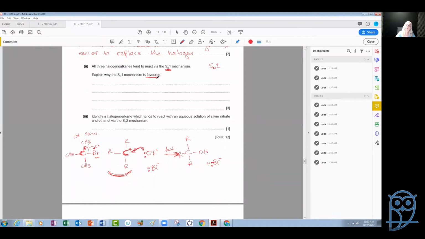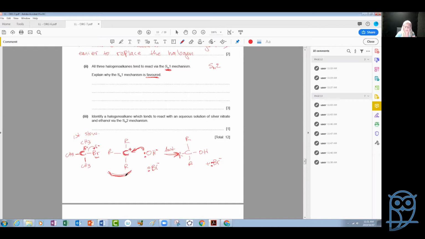And the reason why this mechanism is favored, with this intermediate step that has the carbocation, is because this carbocation is quite stable in comparison to a carbocation that would be formed for a primary halogenoalkane, in which case this carbon would be a primary carbocation rather than the tertiary carbocation that forms here.